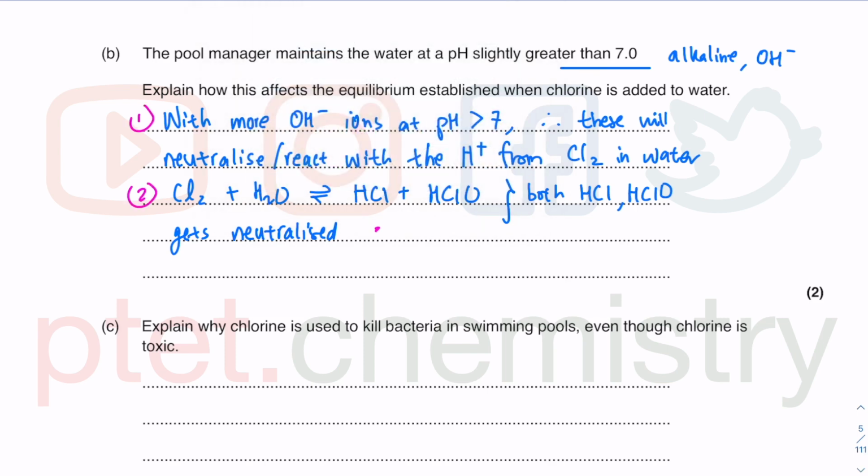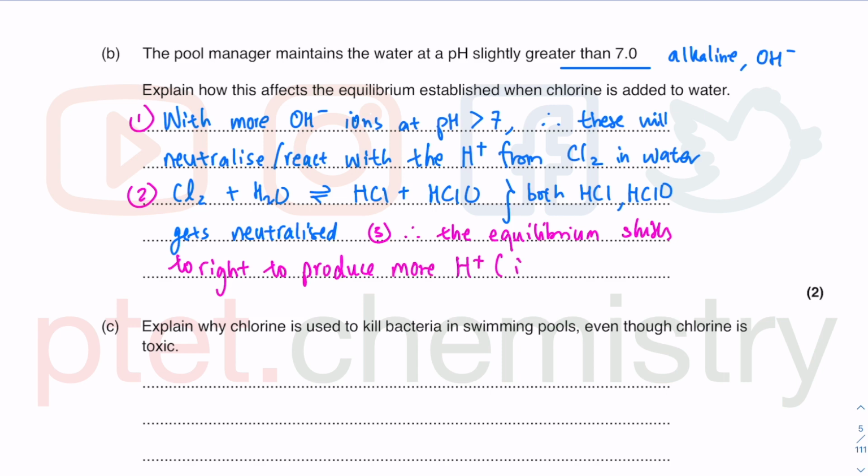So therefore the equilibrium, which refers to the Cl2 dissociating in water, will shift to the right hand side to produce more H+, i.e. more HCl, more HClO.